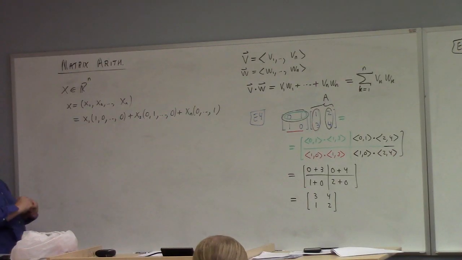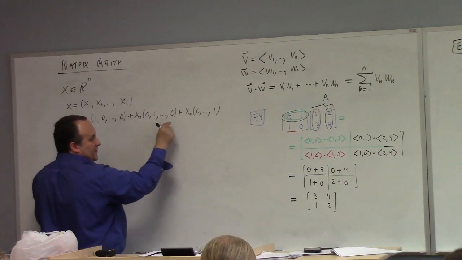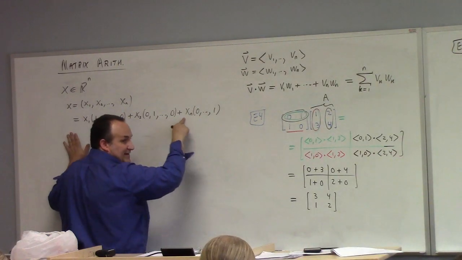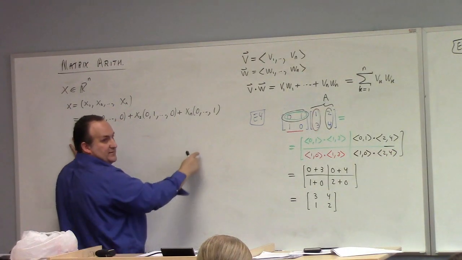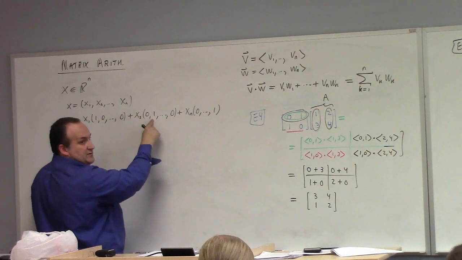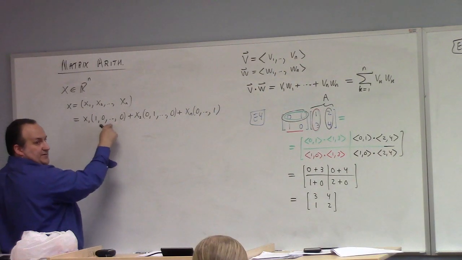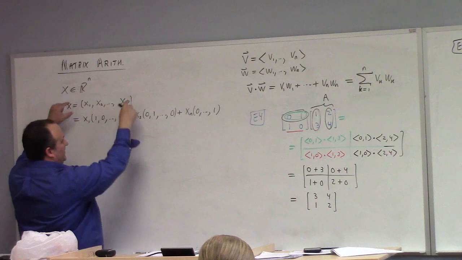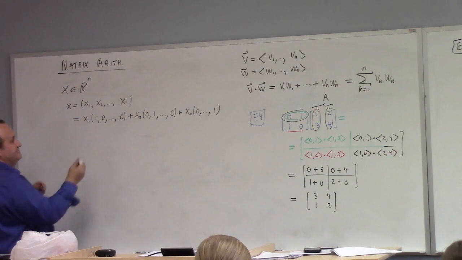It should be clear enough that if I took these and brought the scalar multiple inside, we'd still have (0, ..., 0, xn), (0, x2, 0, ..., 0), (x1, 0, ..., 0). And if you add those together, we get back here.